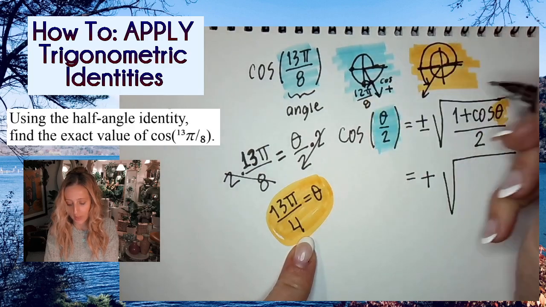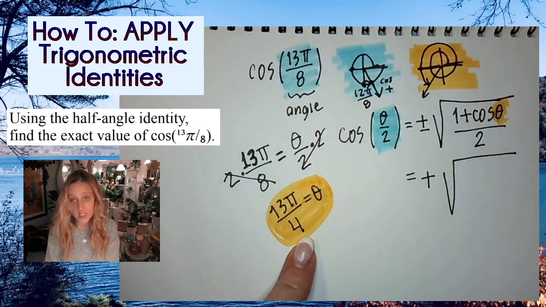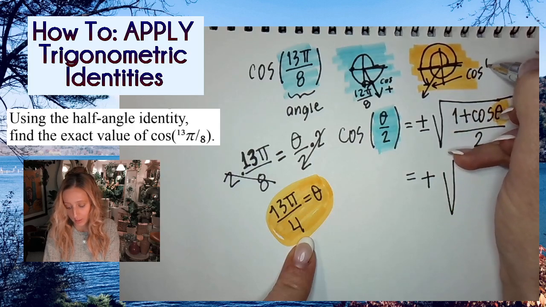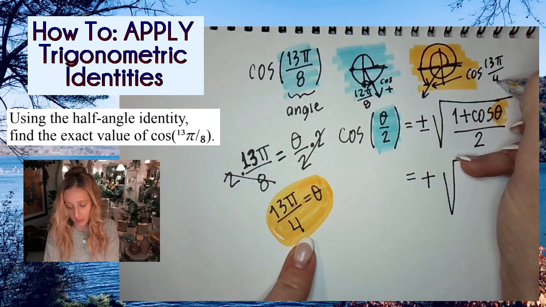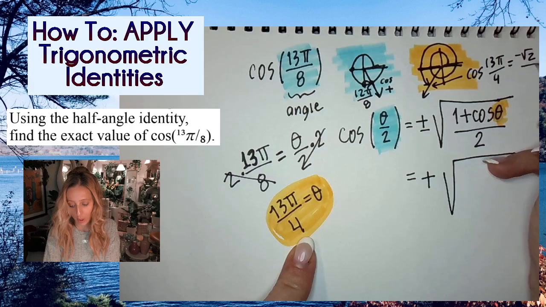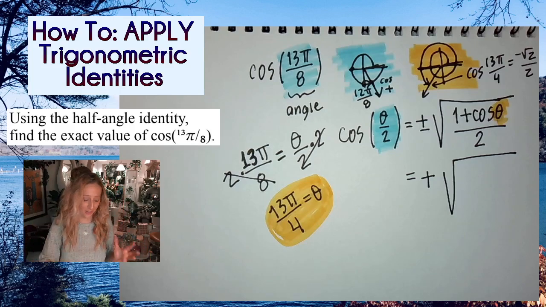Cosine is negative there. Specifically, cosine of 13 pi over 4 in that spot is negative root 2 over 2. That will go in for the cosine of theta.